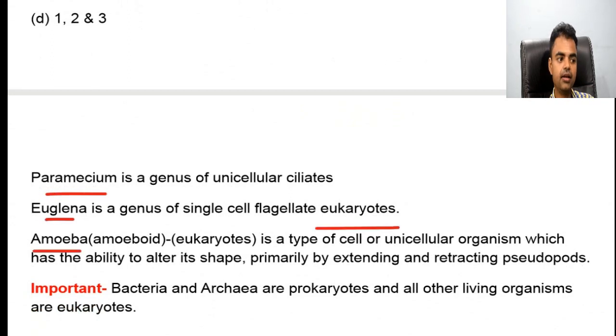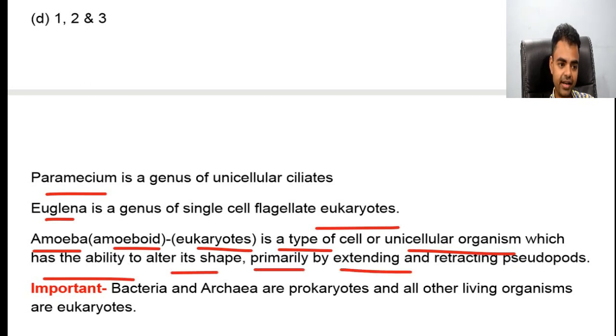Amoeba is also known as amoeboid, and it is a type of unicellular eukaryotic organism which has the ability to alter its shape primarily by extending and retracting pseudopods. So it can contract itself. That is what an amoeba is. You understand this? This is a eukaryote.